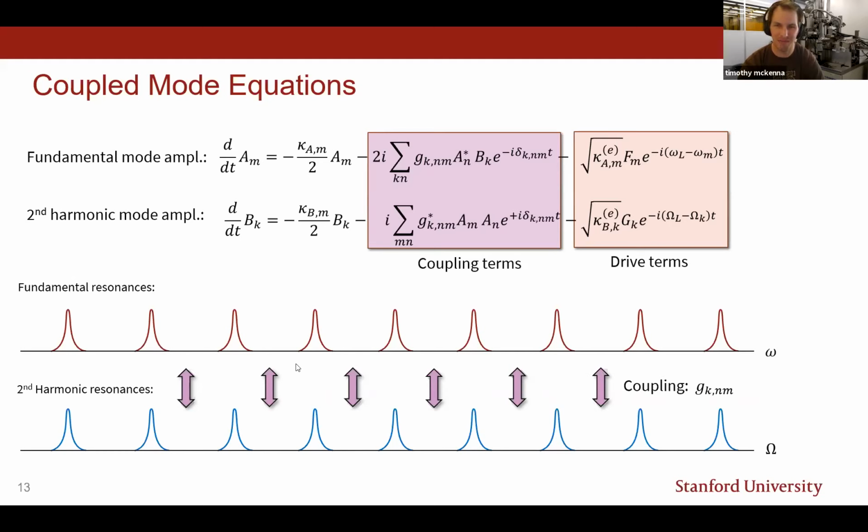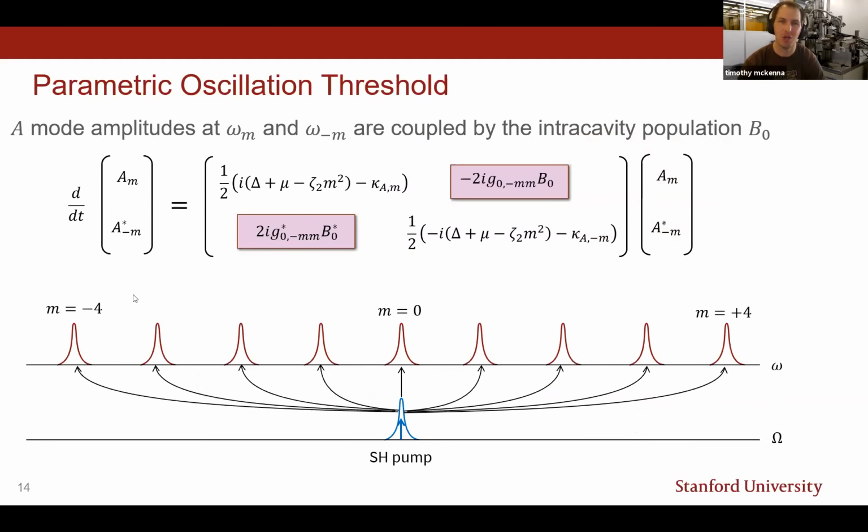But let's look specifically at how you get parametric oscillation in this system. You can look at the evolution of the A mode amplitudes, and we write it in matrix form like this. Only pay attention to the diagonal terms right now.